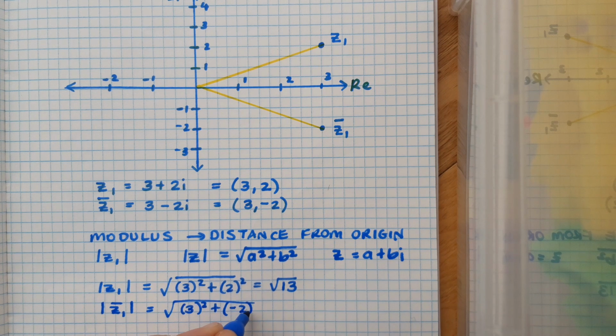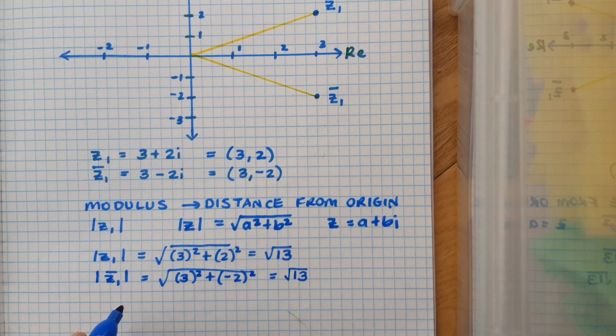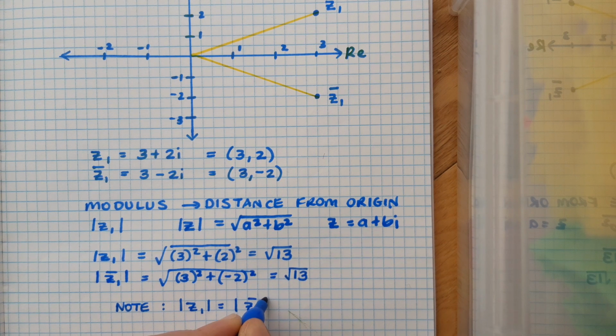And notice that I'm putting a bracket around each number that I'm substituting in to avoid issues with signs. That equals root 13. So it's interesting to note that the modulus of z1 will always equal the modulus of z1 conjugate.